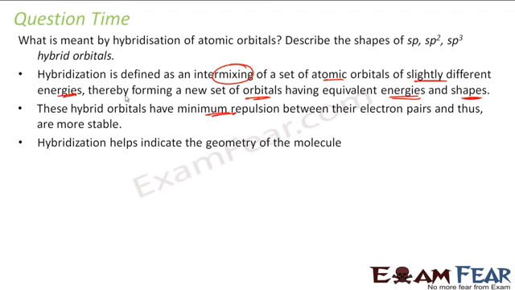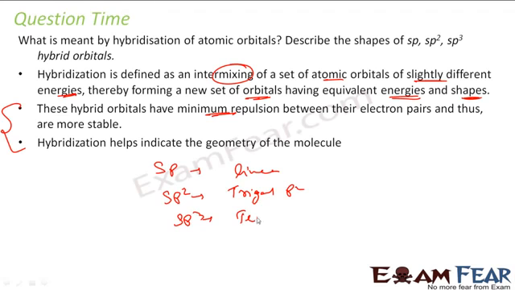Also, hybridization indicates the geometry of the molecule. So we have different hybridizations. sp will give a linear shape, sp2 will give you trigonal planar, and sp3 gives tetrahedral.